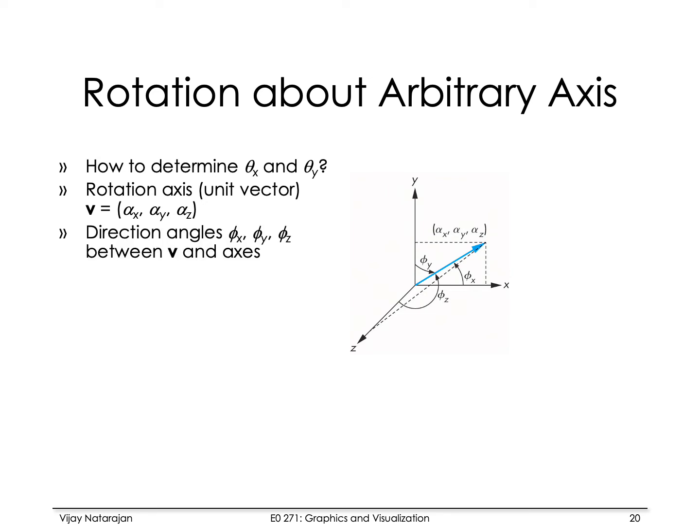The other is by looking at the angle that this vector subtends with respect to the three axes. These are phi x, phi y and phi z. If I assume that the vector is a unit vector, then alpha x and phi x are related, essentially by cosines. That's why they are called direction cosines.